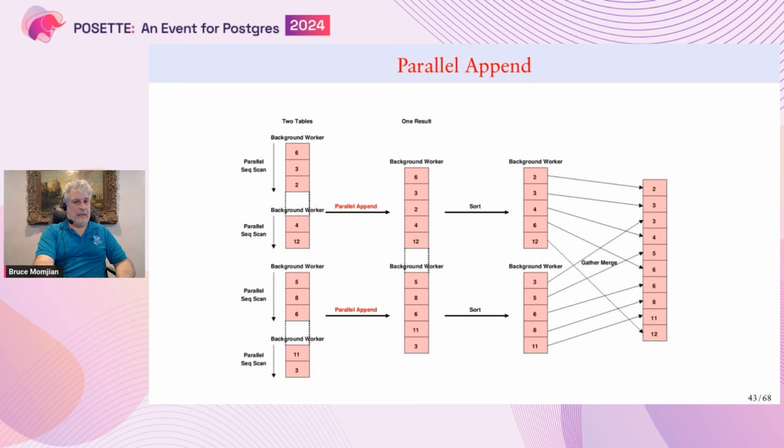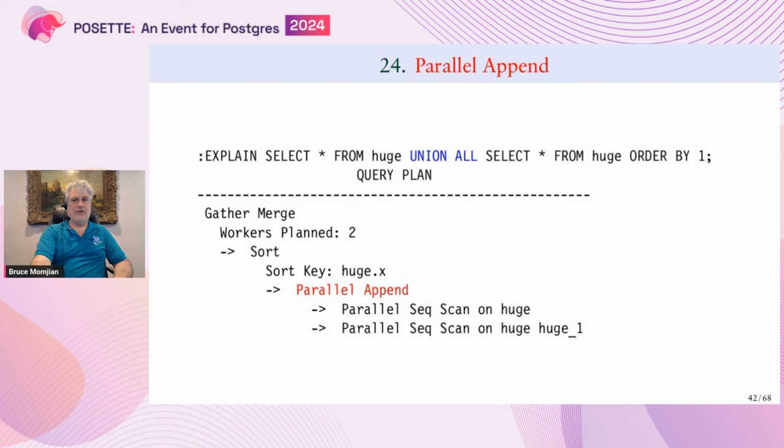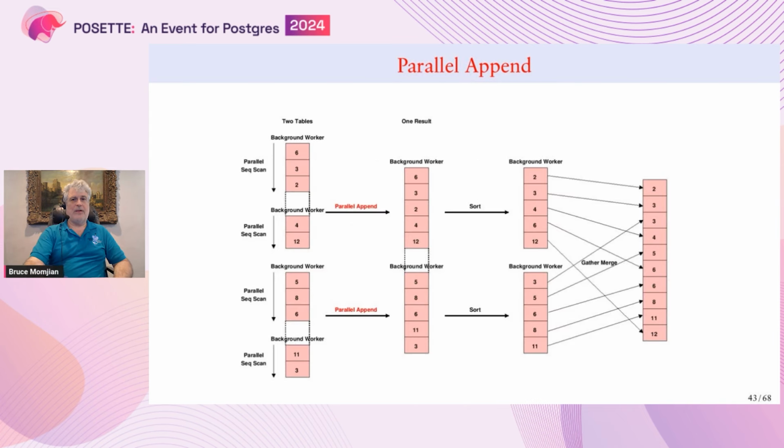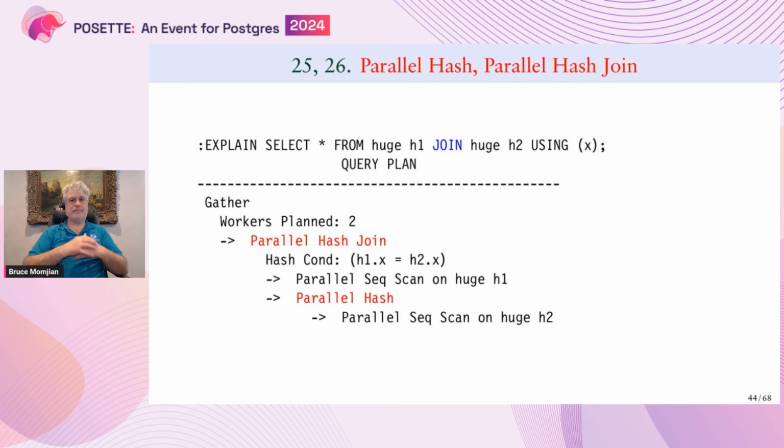Then these are being parallel aggregated into two result sets and then sorted independently and then parallel appended into the results. Because if you notice, we do have an order by here, so we have to sort it at the end. But the point is that we've been able to do two sequential scans in the same table and then merge those together.